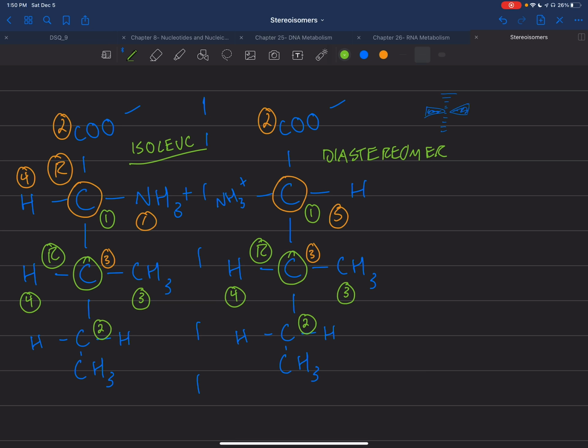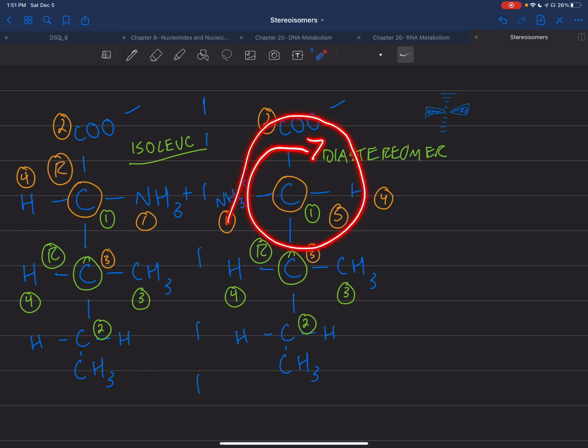Let's confirm that this is S. Well, this is 1. This hydrogen is still 4. If I connect my dots and do 1, 2, 3, this is R. However, hydrogen is still not in a dashed wedge. So this is S. So I just made a diastereomer of this.